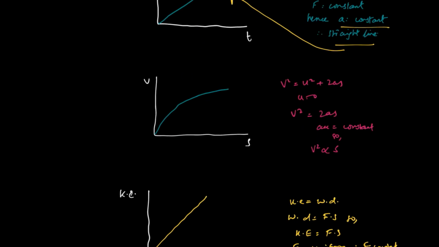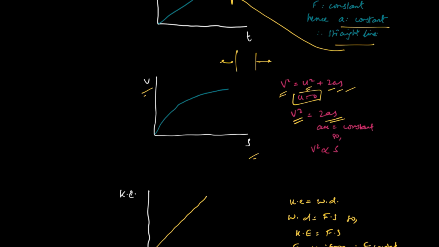Then velocity against displacement. This is the final velocity. Final velocity squared is equal to initial velocity squared plus 2 into acceleration into the displacement. What is displacement in this case? The distance between the two plates, right? Since my initial velocity is always zero because the charges are assumed to be at rest initially, my final velocity squared is equal to twice the acceleration into the displacement.